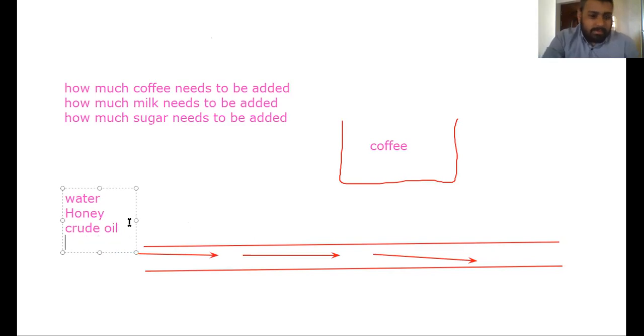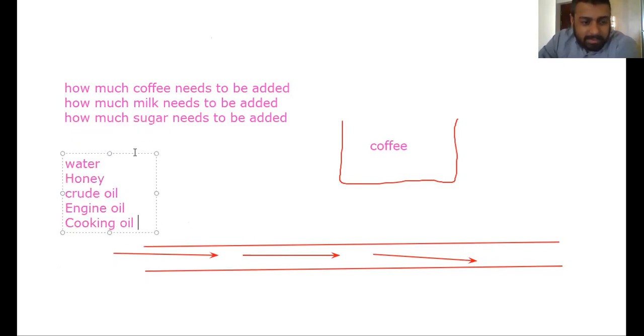You can even use engine oil or cooking oil. So each has a different viscosity and different flow rates. So you had five different kinds of fluids, and you had a pipe and you wanted to know the flow rates at a certain pressure, whatever pressure you were applying.